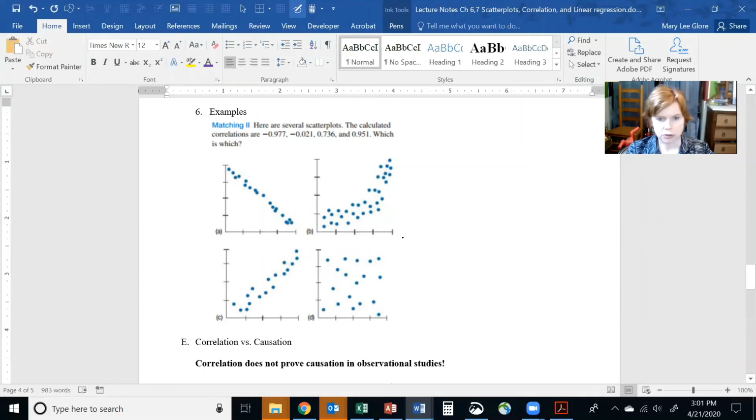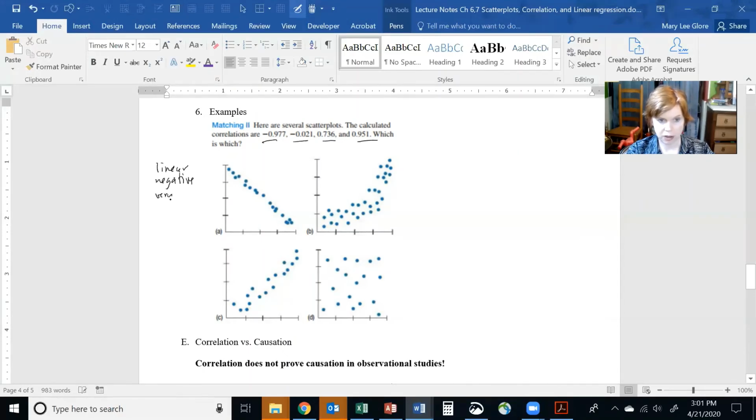Okay, so here's an example of 4 scatter plots, and they've given us 4 different values of R that we should match up to these scatter plots. So the first one, this is linear, and it's negative, and it's very strong.